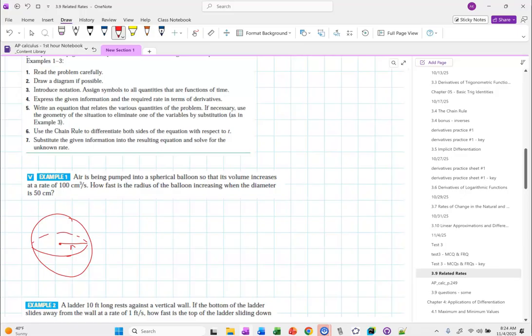Is radius changing? So they're both variables with respect to time then, right? Depending on how long we've been pumping air in, those things are both going to be changing. Okay, so these guys are variables, and I'll write with respect to time.